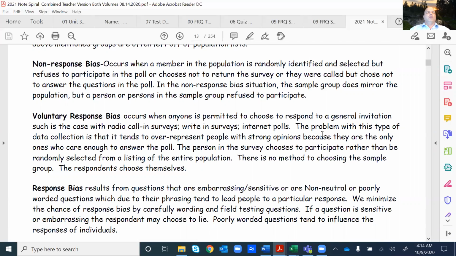We randomly contact them, but they refuse to participate for whatever reason. We have voluntary response bias, where it's open to anybody, so there's no random selection, and we tend to only get people who have strong opinions. So we overrepresent the strong opinions one way or the other.